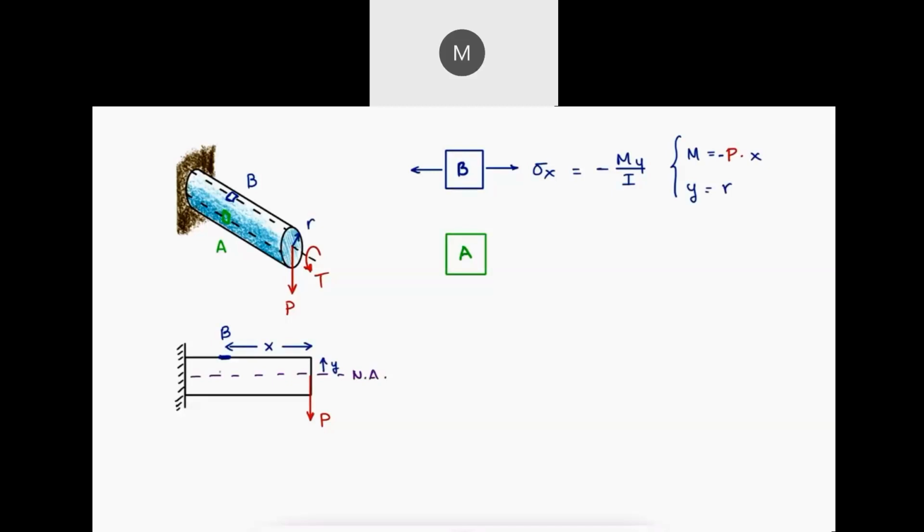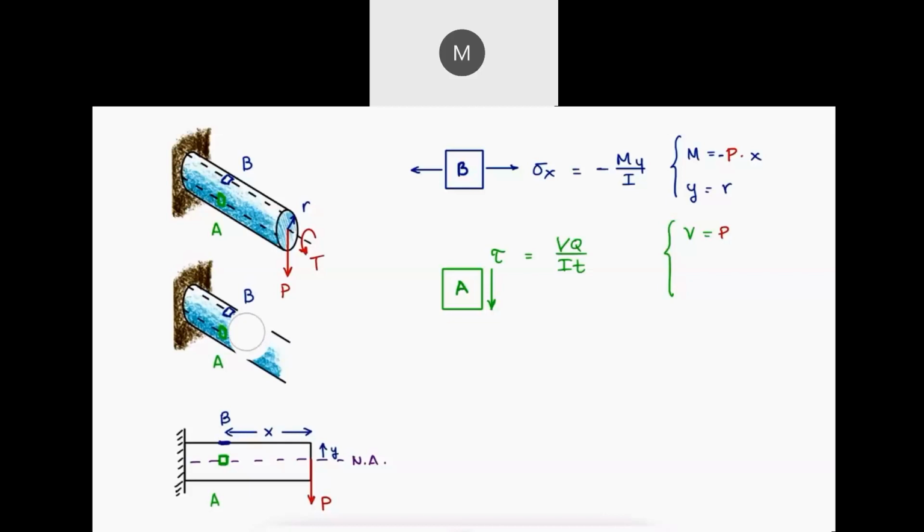Since stress element A is located on the neutral axis, the value of y would be 0, and therefore stress element A would not be subjected to this bending stress. Stress element A is instead subjected to a transverse shear caused by the shear force P. B would be equal to P. Q can be obtained by multiplying the shaded area of the semicircle above A times the distance from the neutral axis to the centroid of that semicircle, and T is the thickness of the rod at the point where we're trying to calculate the shearing stress, which is the center of the rod, and therefore T is equal to the diameter of the rod.